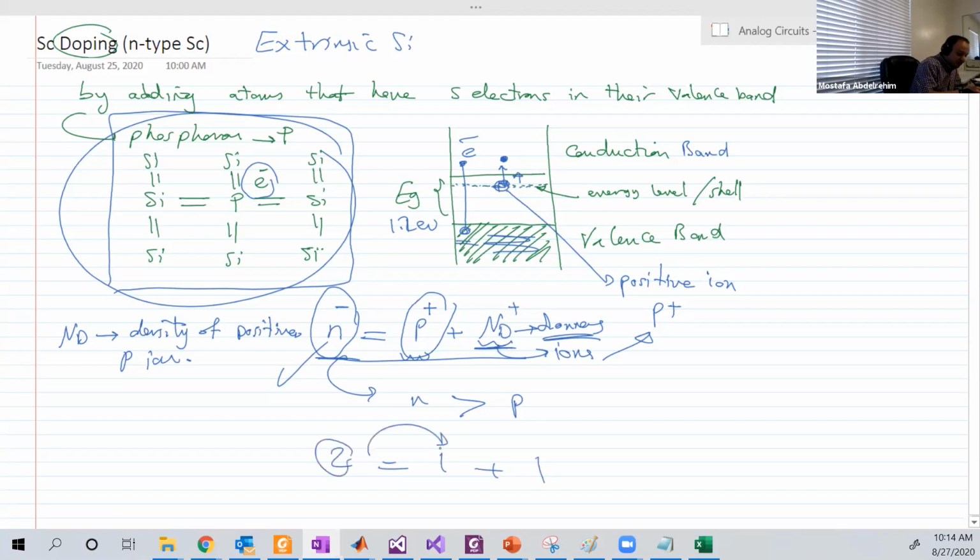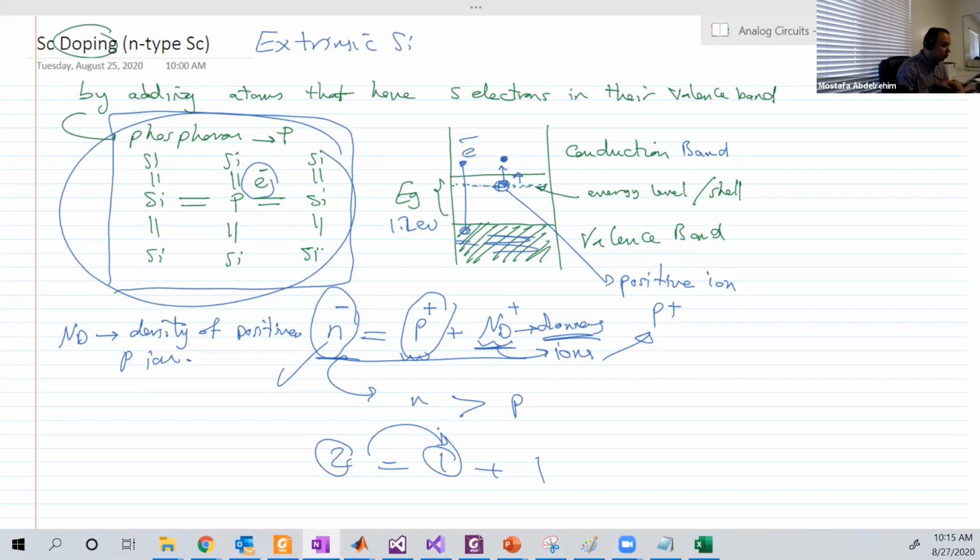So 2 is, in fact, larger than 1. So from this equation, we know that the donor atoms, which is phosphorus in that case, and we call them donors because they donate an electron, will increase the density of the electrons in the extrinsic semiconductor. So this is the N doping.